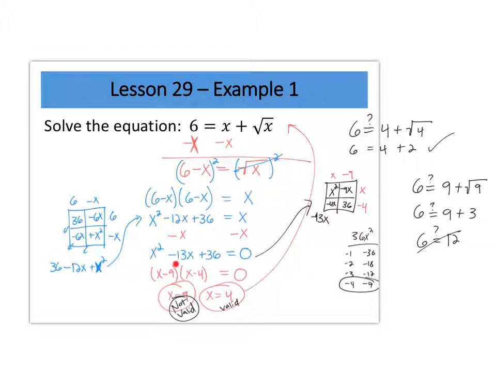And then I realized, oh, I can factor this. So I factored this polynomial, and I got 2 answers. So I got 9, and I got 4. When I checked them back into the original equation, it looked like 4 works, but 9 doesn't work.